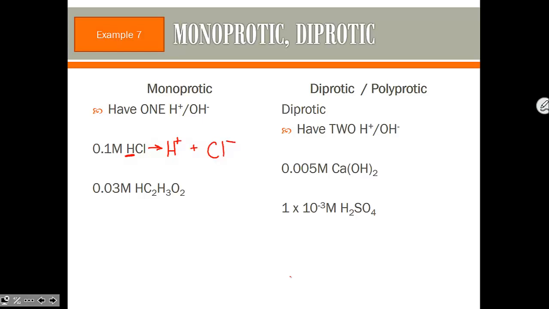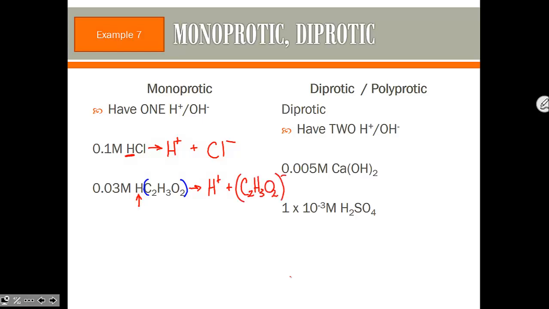Acetic acid is also monoprotic because only the first hydrogen can be removed, giving us a hydrogen ion and the acetate ion.